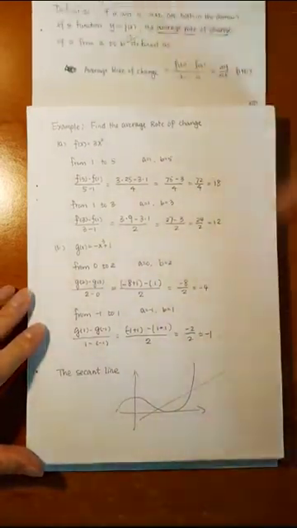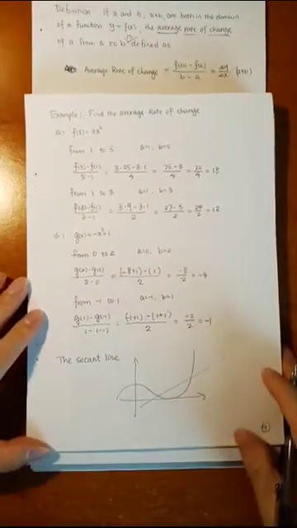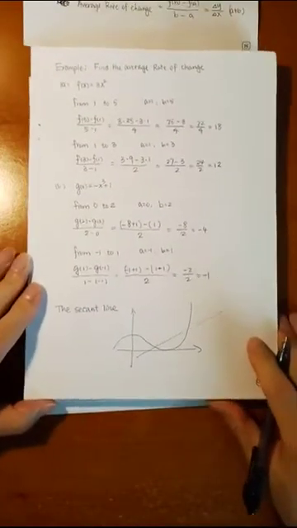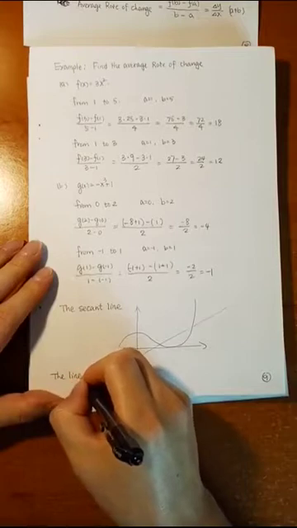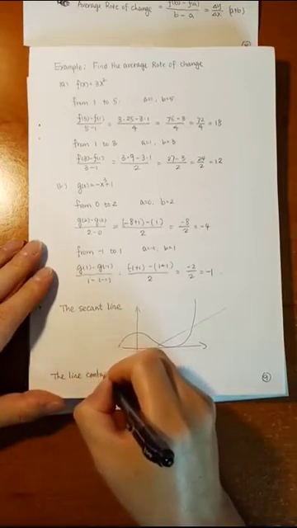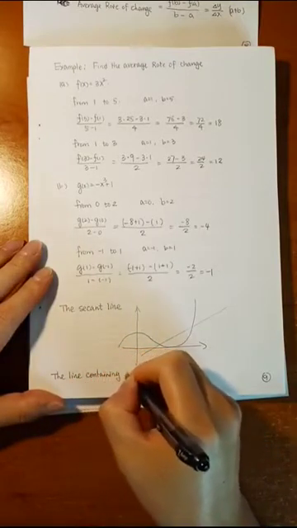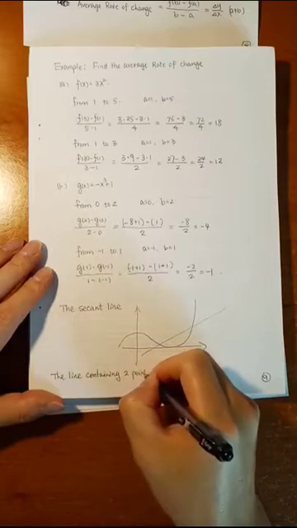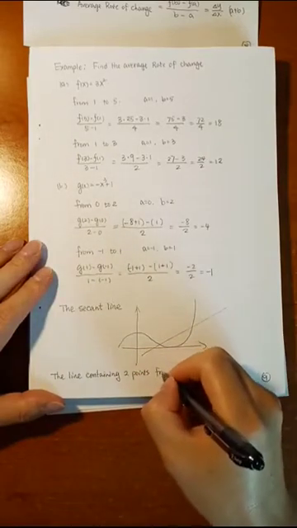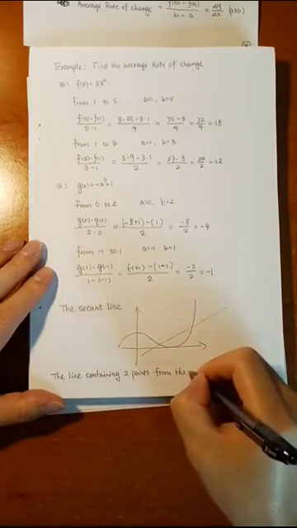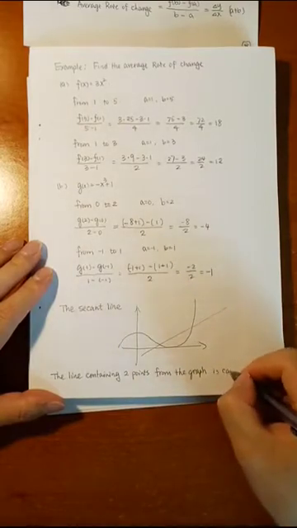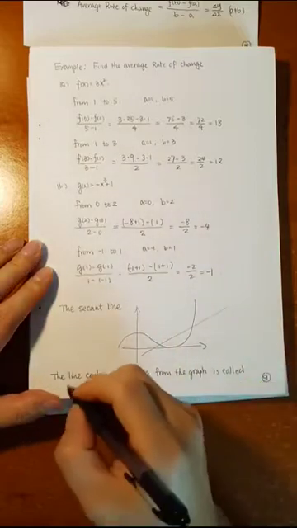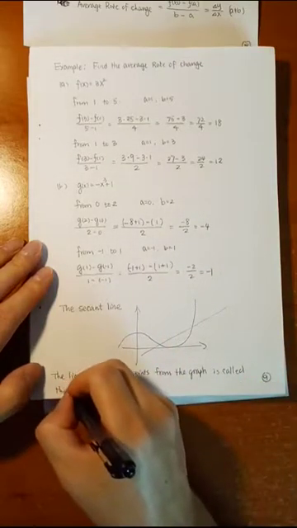So let's first give the definition. What is the secant line? The line containing 2 points from the graph is called a secant line, or the secant line.